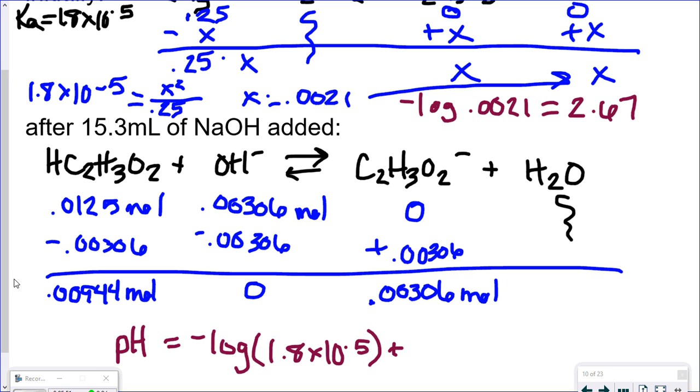So our base is the 0.00306 over our acid, the 0.00944. When we put that in the calculator, we are going to get a pH equal to 4.26 at that point in time.